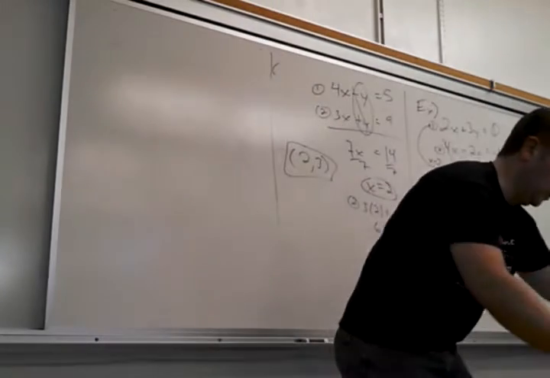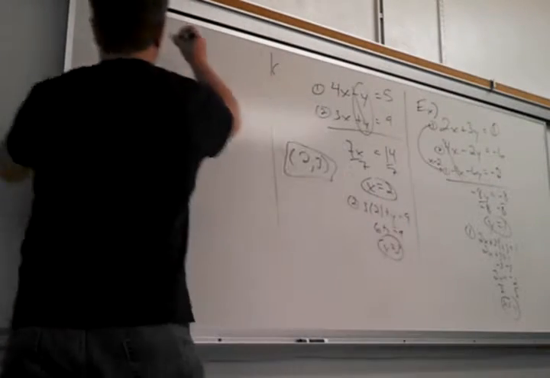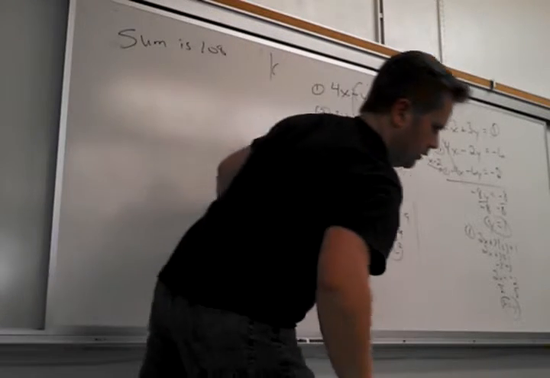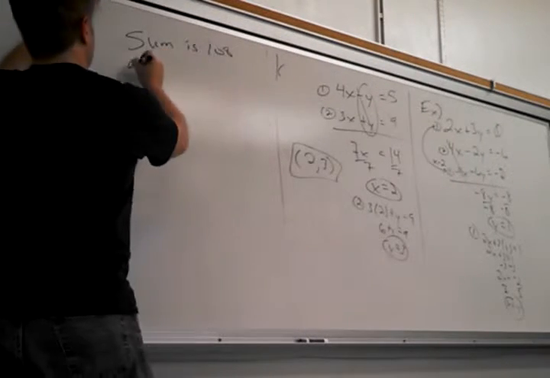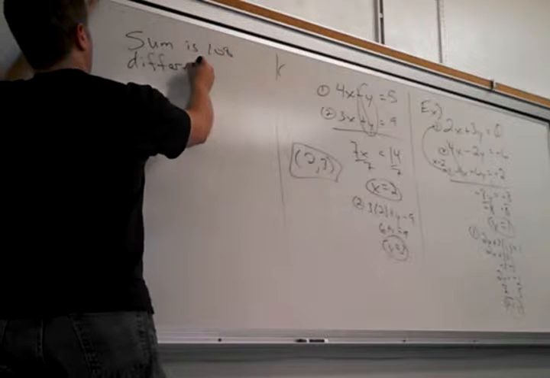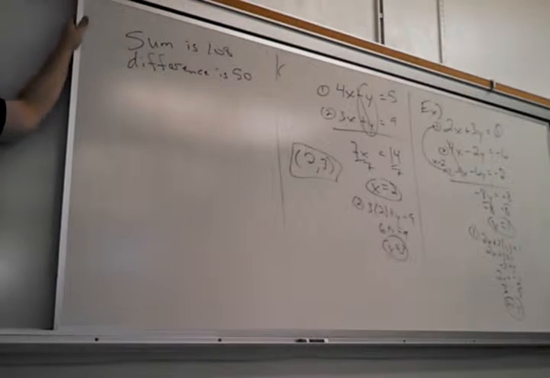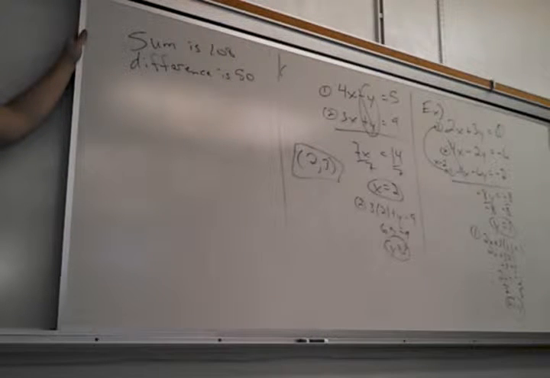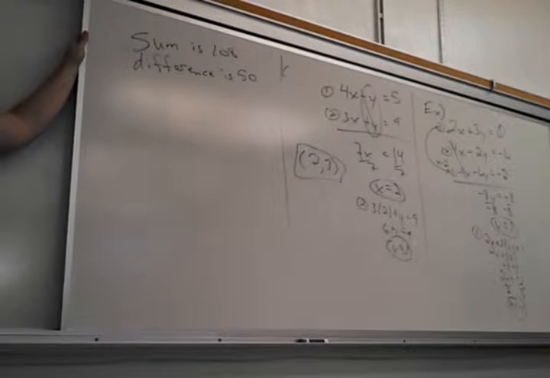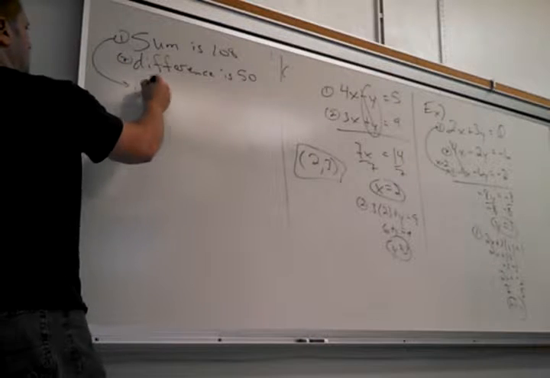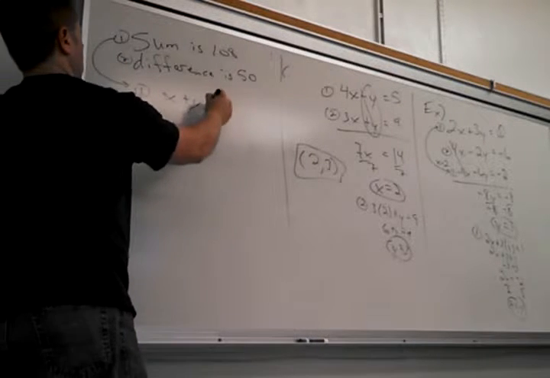It says find the two numbers where the sum is 108 and the difference is 50. So this is good. I have two numbers I have to figure out, so they gave me two pieces of information, right? So how do I use the first piece of information?